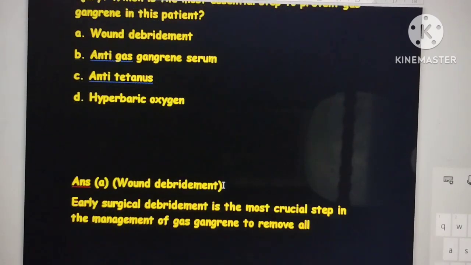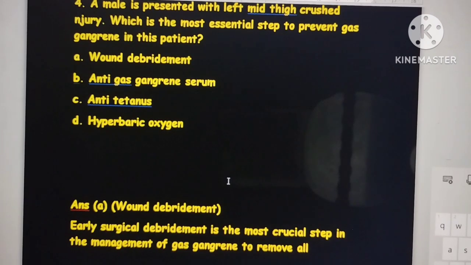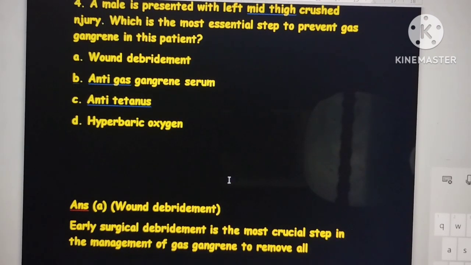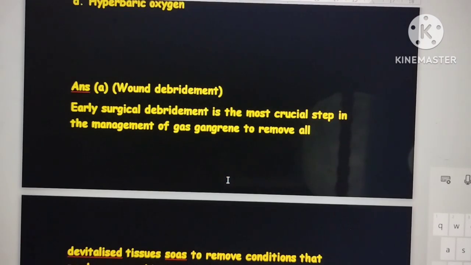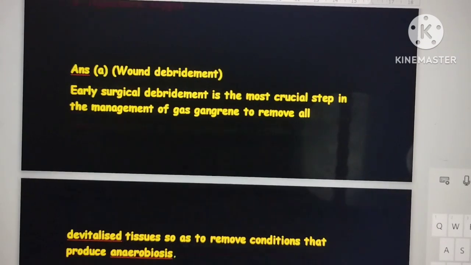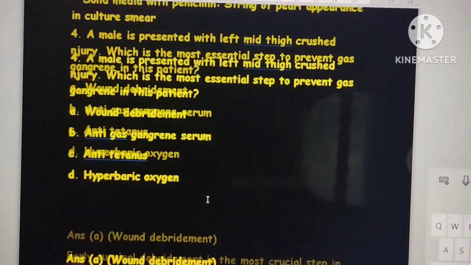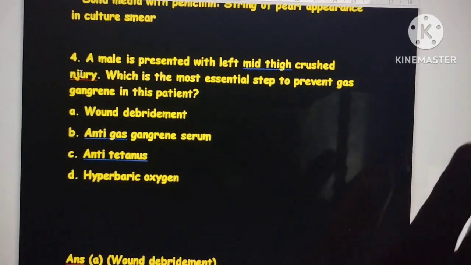Early surgical debridement is the most crucial step in the management of gas gangrene, to remove all the devitalized tissues and remove the anaerobic conditions for the bacteria that produce gas gangrene. So always remember, whenever there is a crush injury, the first step is wound debridement.